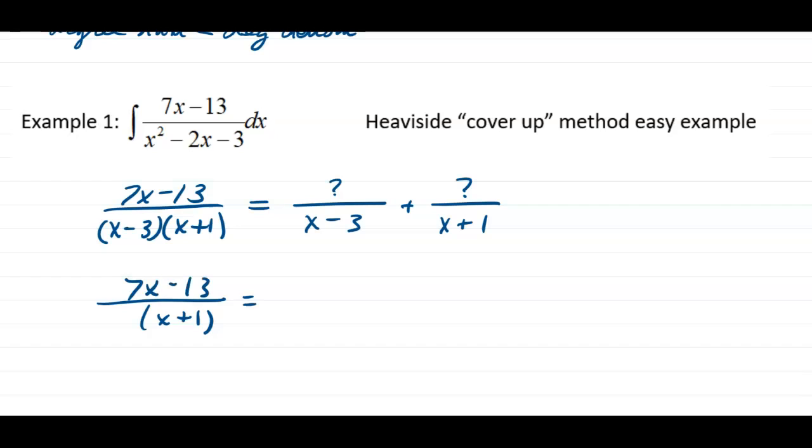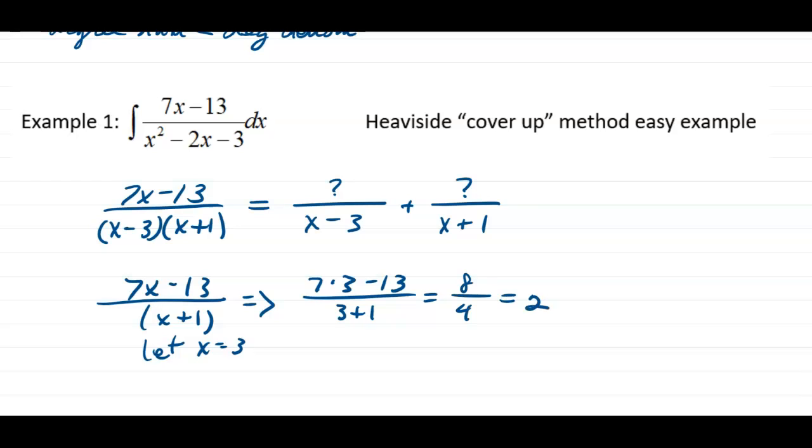And then what we do with this is we let the x value of 3 go in for x. And we'll get 7 times 3 minus 13 over 3 plus 1, which is 21 minus 13, which is 8 over 4, which is 2. And that 2 is what we replace the numerator over x minus 3 with, like that.